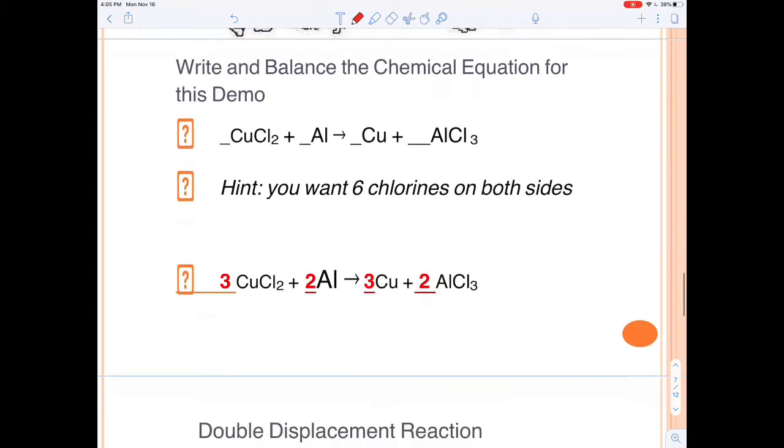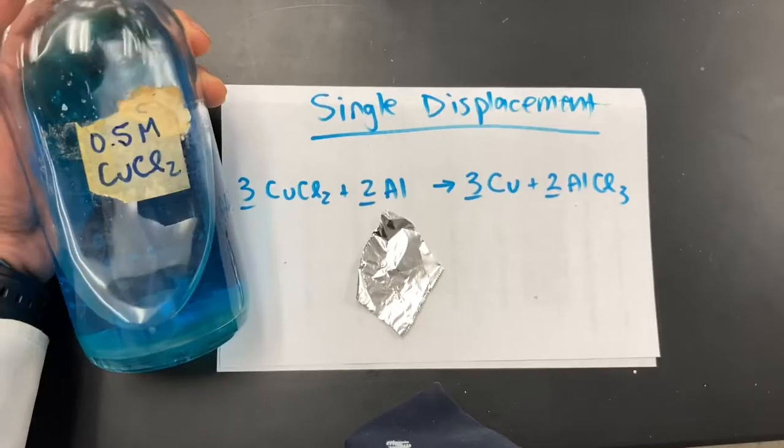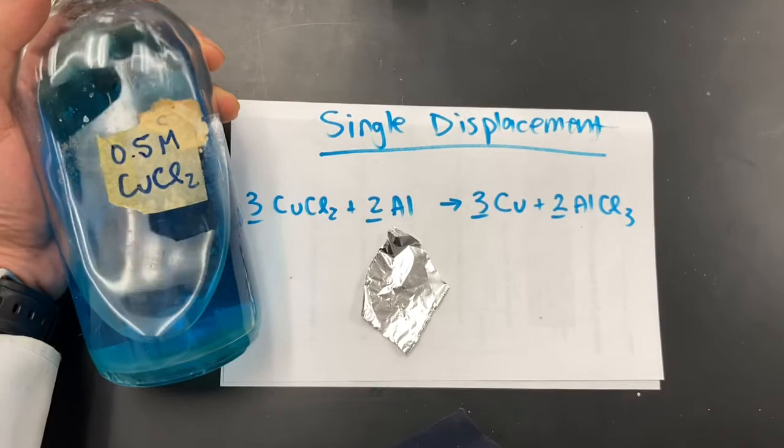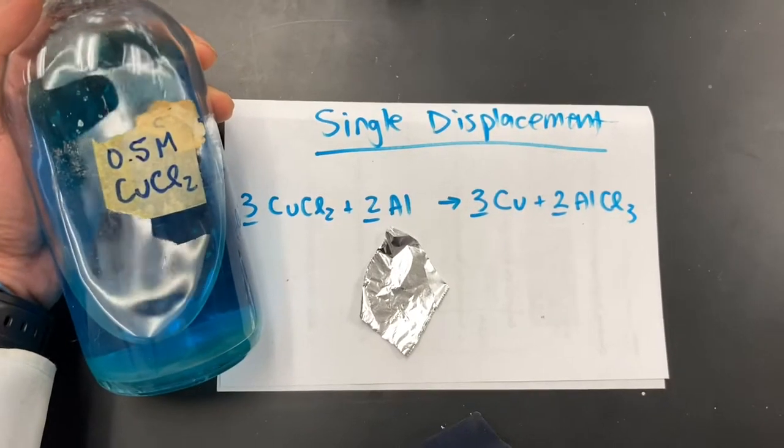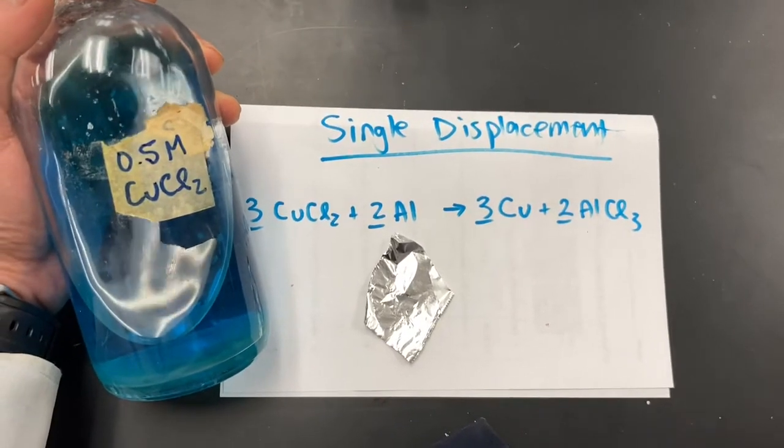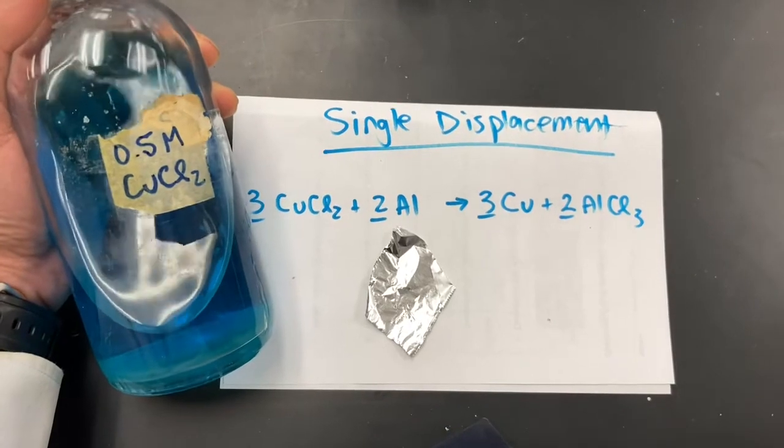All right, so check out the demonstration. Here I'm just using aluminum with some copper chloride. This is a single displacement reaction. In this reaction, we're going to see aluminum replace the copper here. So what's gonna happen here, I got aluminum and some copper chloride.